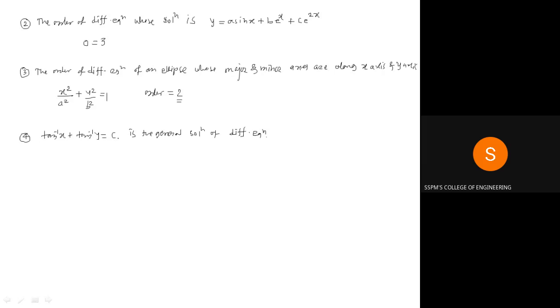It means that you have to differentiate this solution how many times? Only one time. So differentiating this solution with respect to x on both the sides.